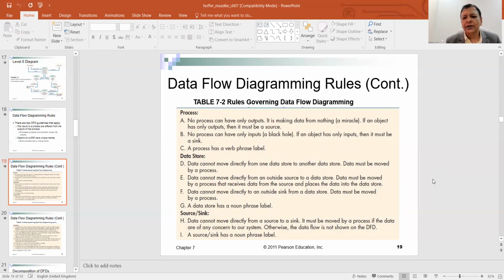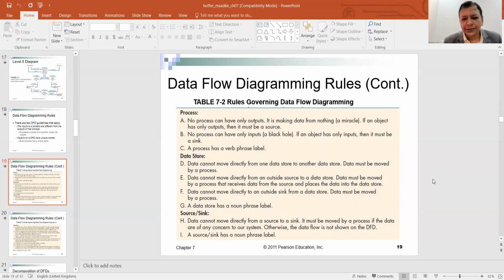Data cannot move directly from an entity to a data store. It must be through a process. A data store has a noun phrase label like student, employee, manager.